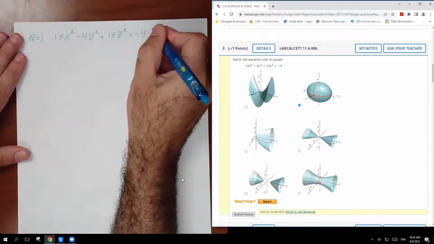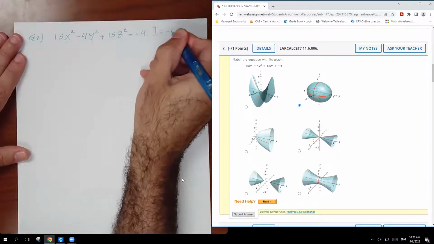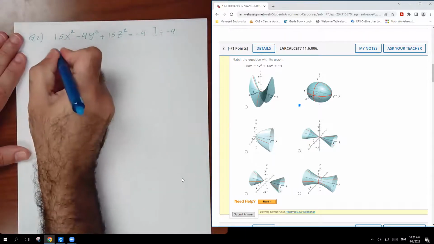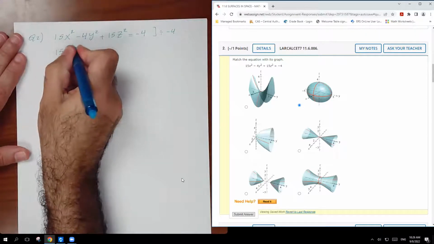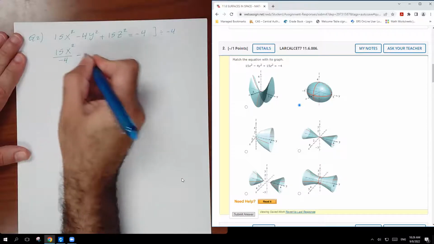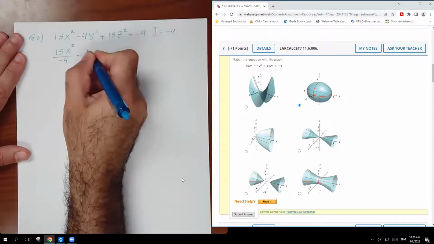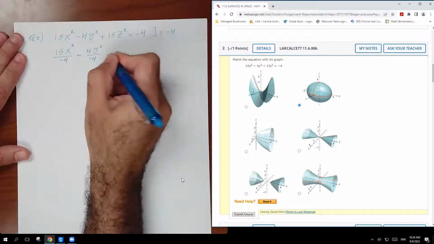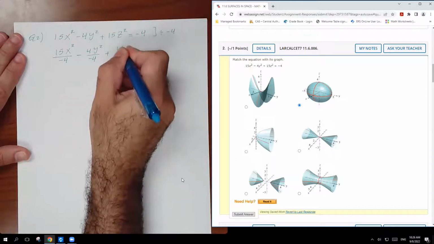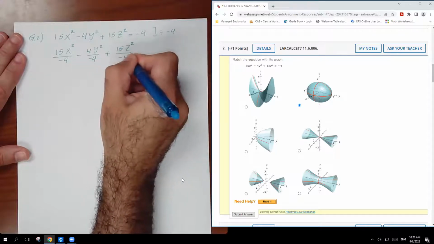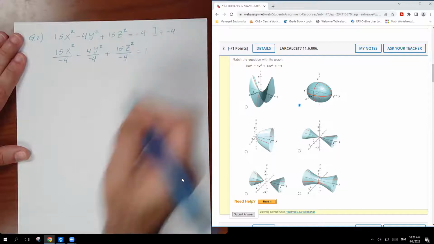I'm going to divide this one by -4 to make this side equal 1. So it's going to be 15x squared over -4 minus 4y squared over -4 plus 15z squared over -4 equal 1.